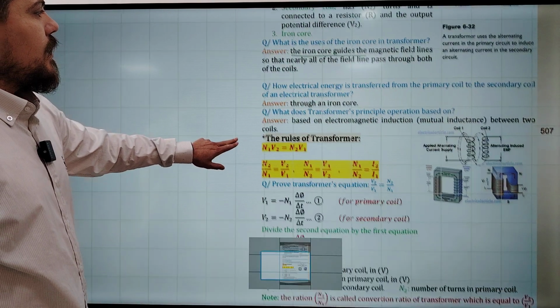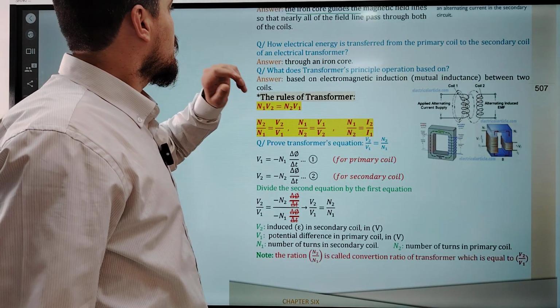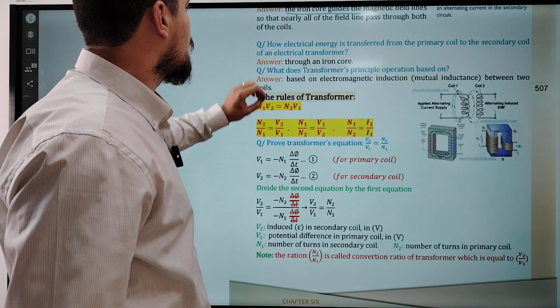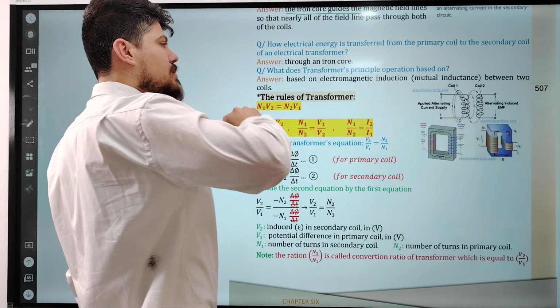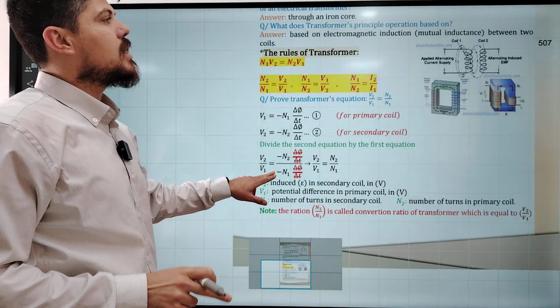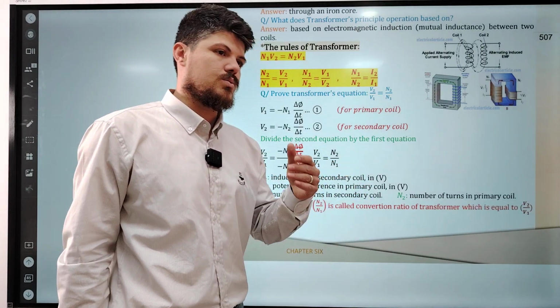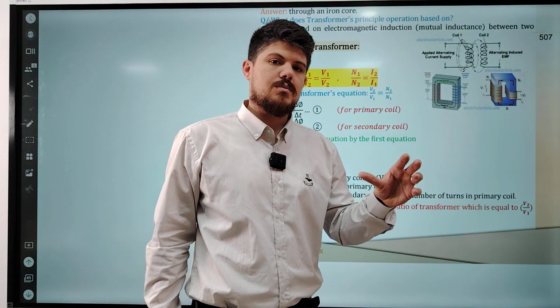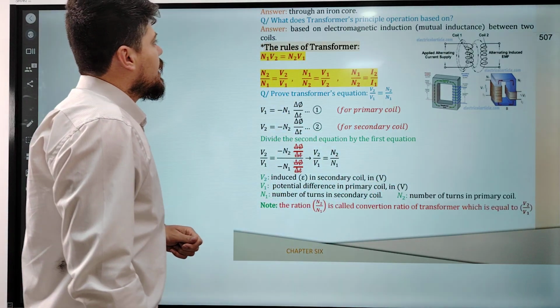So how is electrical energy transferred in a transformer from primary coil to secondary coil? As I told you, the magnetic field lines pass from the primary to the secondary coil, and in the secondary coil, the potential difference is induced. Sometimes this potential difference is increased, step up, and sometimes this output potential difference is lowered, step down.